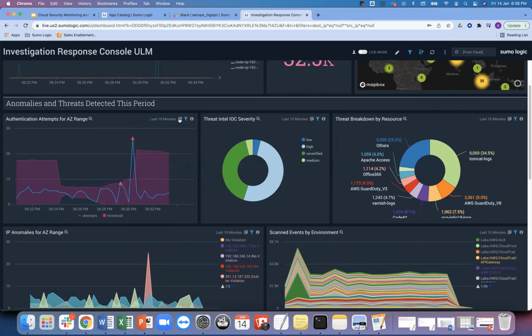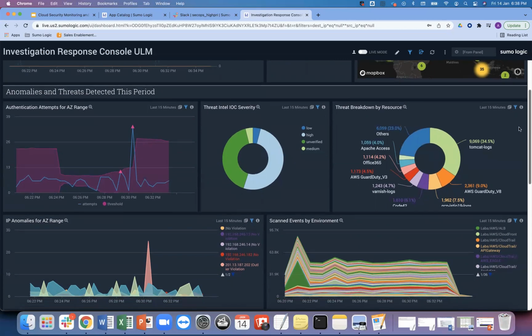You can click into this graph and search in a new window, but at this moment I want to have more understanding of what is going on in my environment.